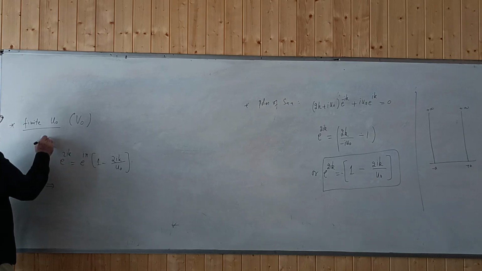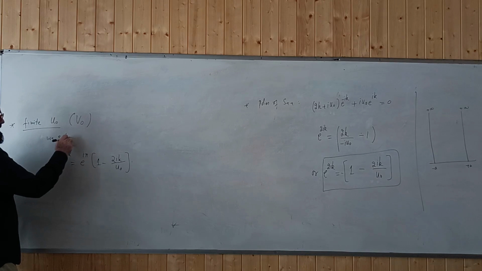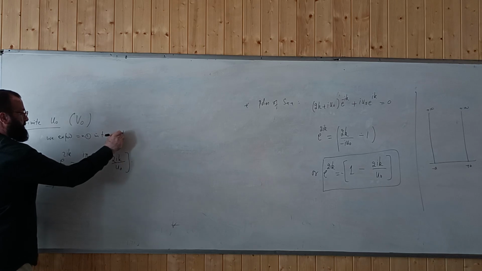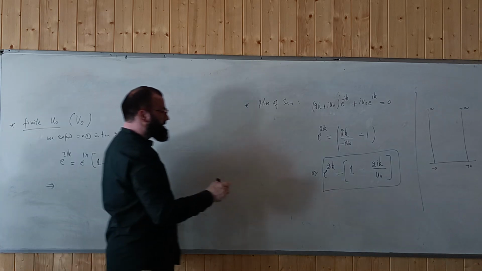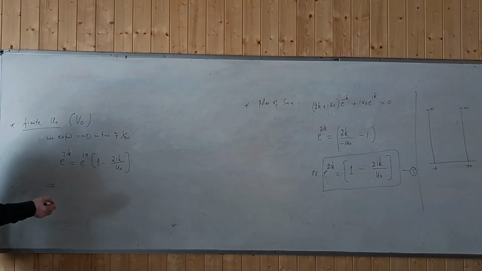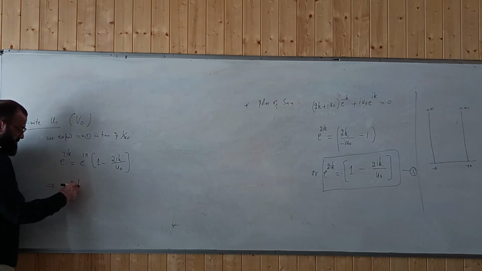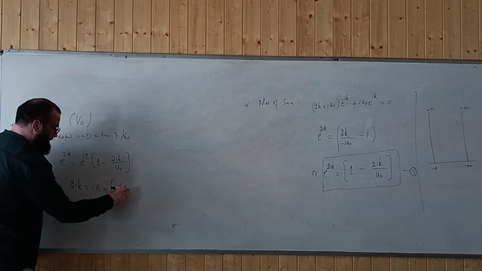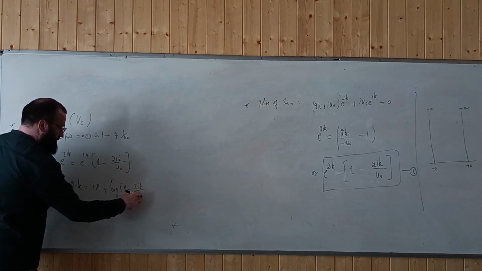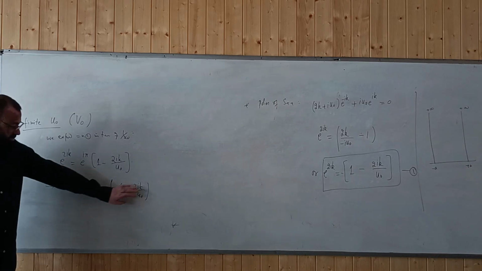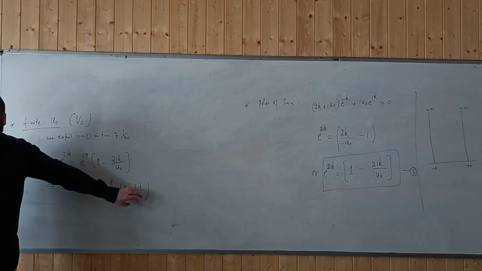So we expand equation 1 in terms of 1 by u naught. Let's call this equation 1. Let's take log on both sides. So it is twice ik, that's i pi, plus log of 1 minus twice ik by u naught. What is the expansion of log of 1 minus x? Here x is small.